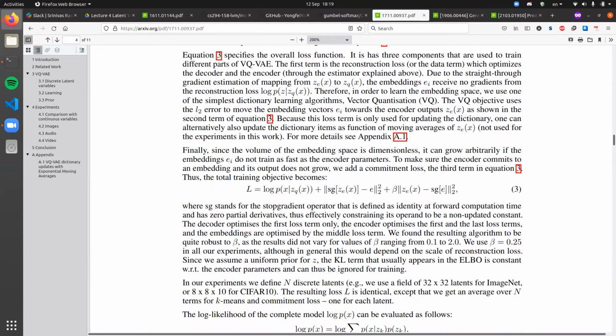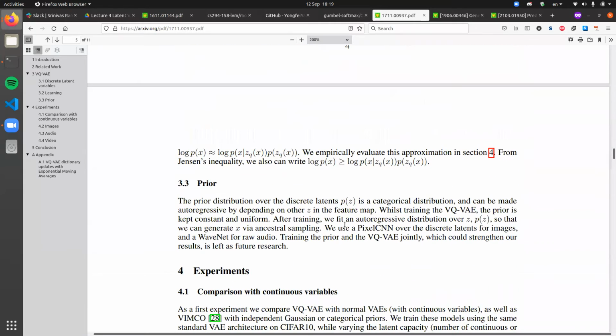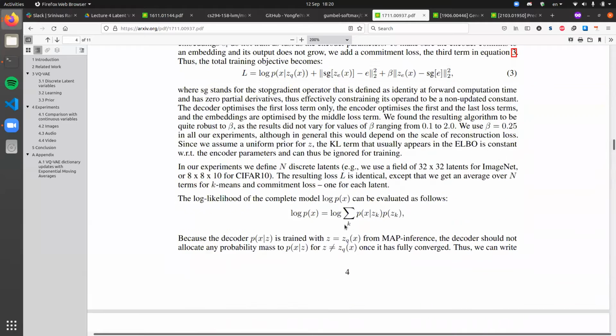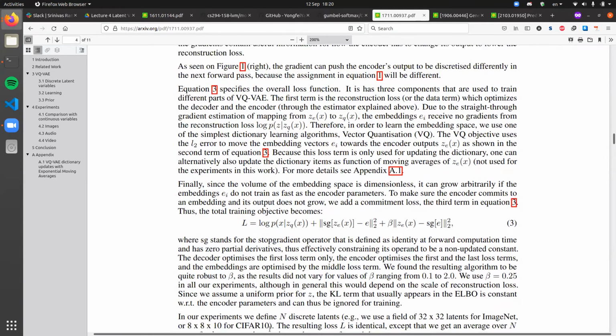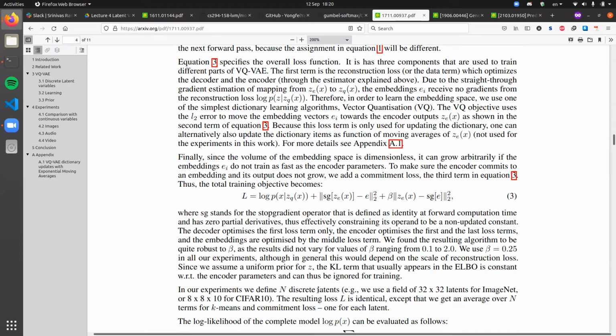Okay, so that's what we have here for the training objective. And a side note, which is not particularly important from the implementation and training perspective, but more relevant from the understanding perspective: you can see that the KL divergence term is missing in the objective.